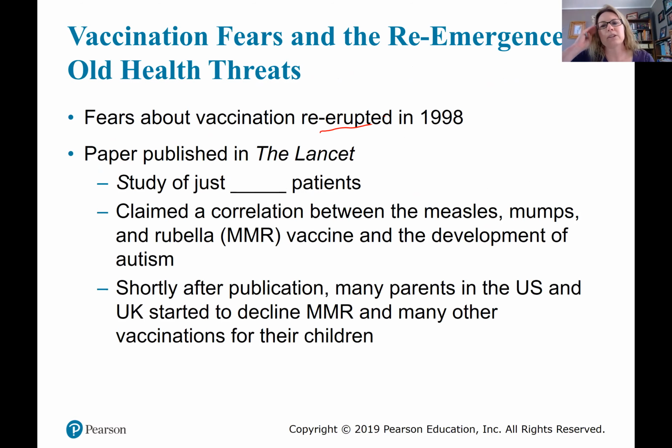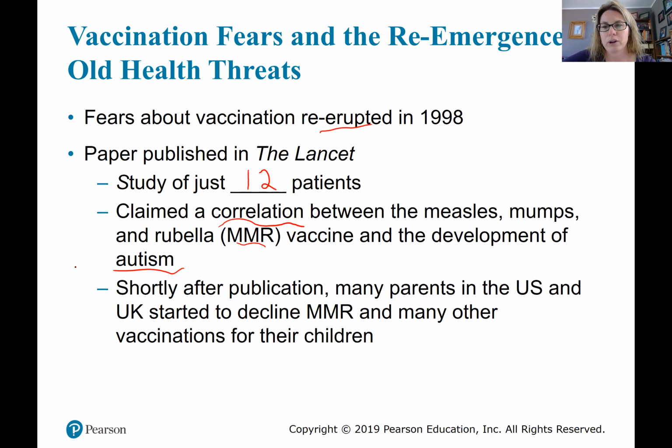They published a paper in this highly technical, peer-reviewed publication that had 12 patients in their study, which is very low, and claimed that there's a correlation. Remember, correlation doesn't mean causation. A correlation between the MMR vaccine and the development of autism.